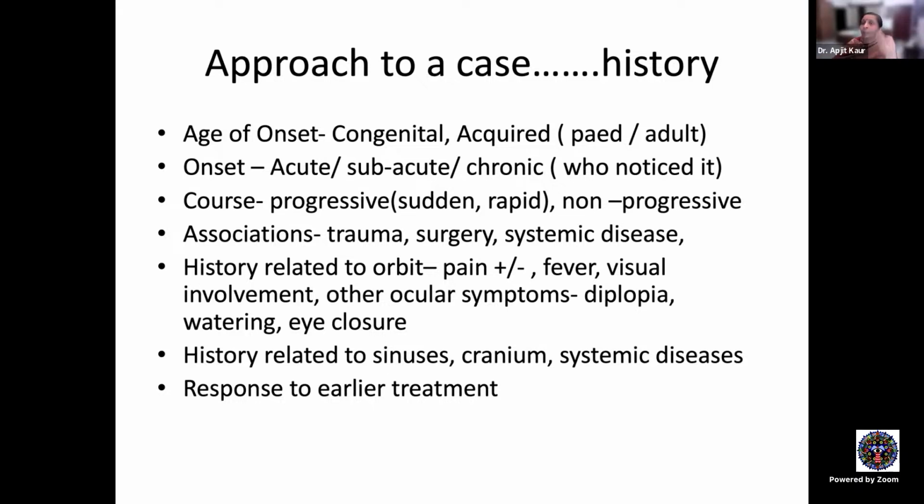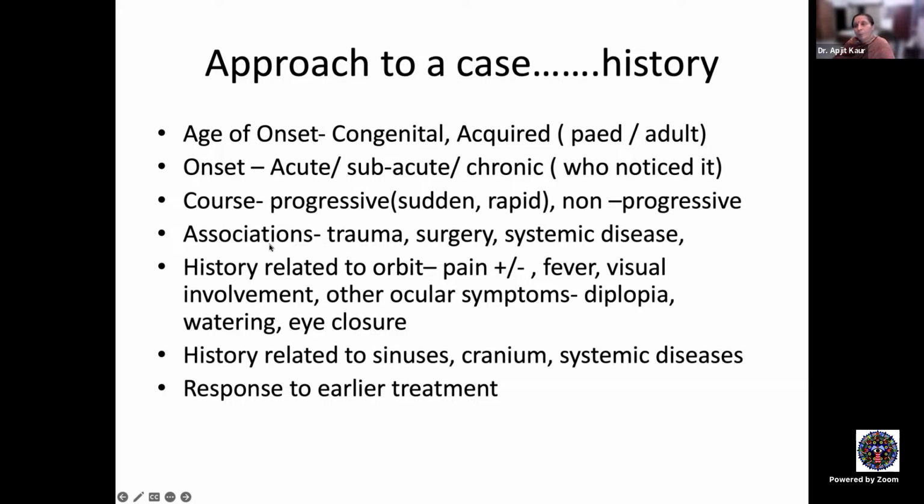Inflammation is active. Tumors are active. Thyroid is active. Right? So the course is very important. If it is progressive, whether it is sudden or rapid, and if it is non-progressive or regressive. Hematoma hua, resolve kar raha hai. It will become regressive, right?